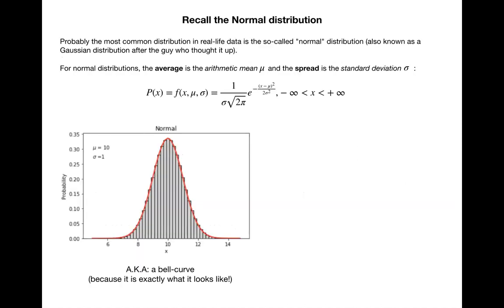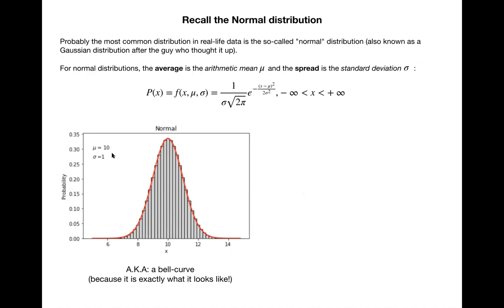Just think about the normal distribution we looked at yesterday. This is a function, this is the value of x, and this is the probability of x occurring. You can see that it follows a Gaussian function, which has an average at 10 and a spread of 1.